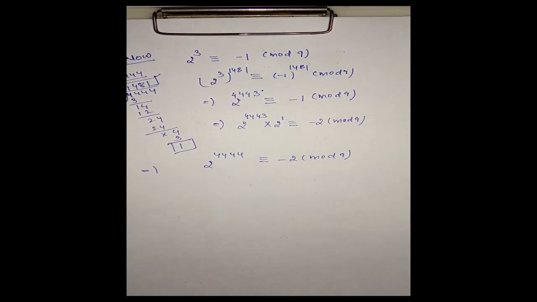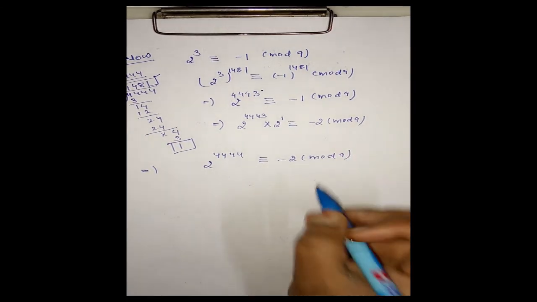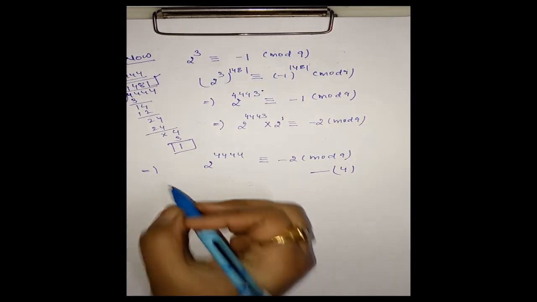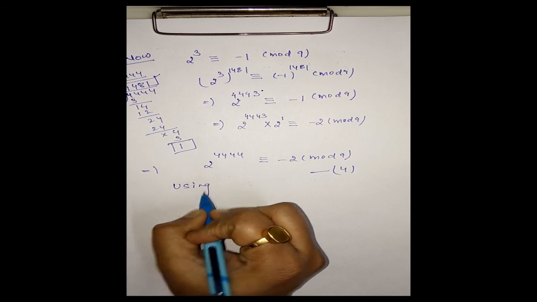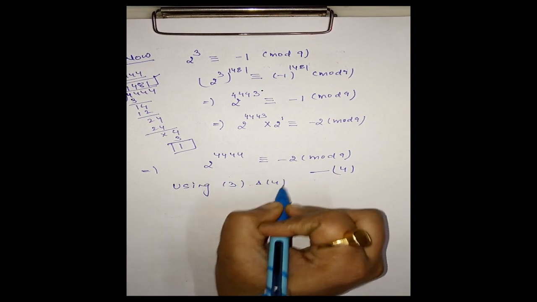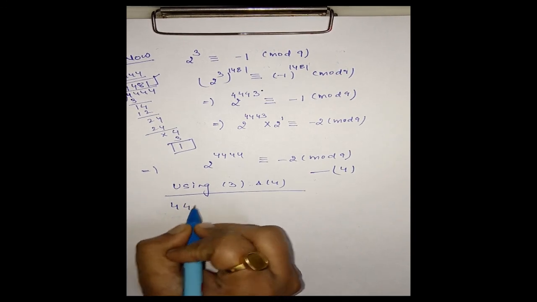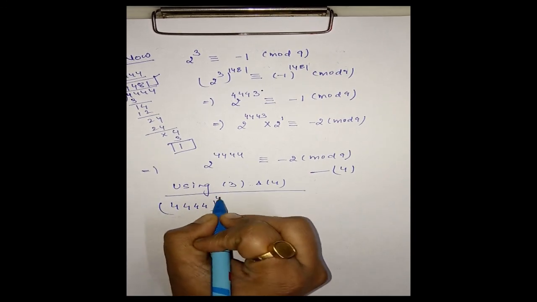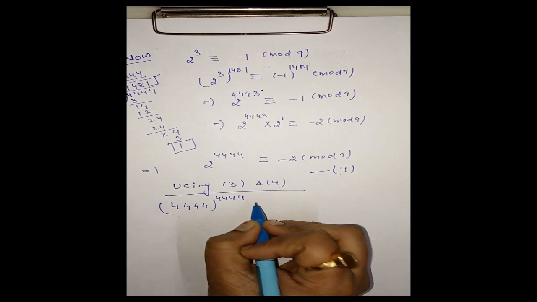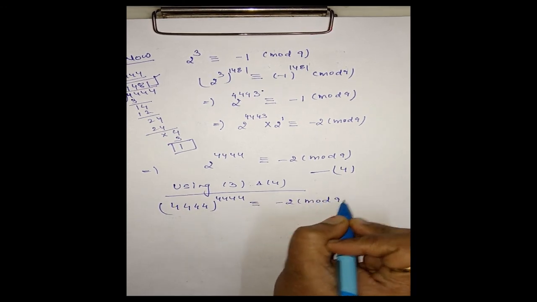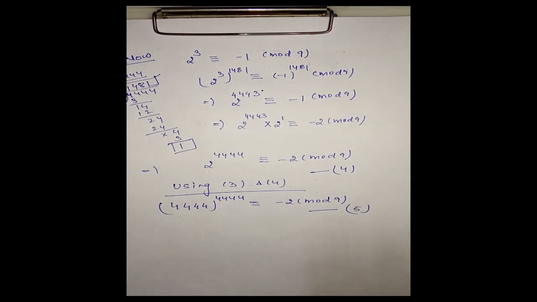Mark this as equation number 4. Now using 3 and 4, and using the transitive property, we get 4 times 4 power 4 times 4 is congruent to minus 2 modulo 9. Mark this as equation number 5.